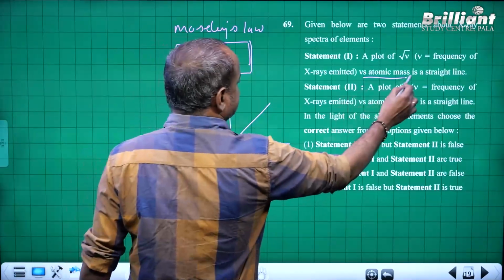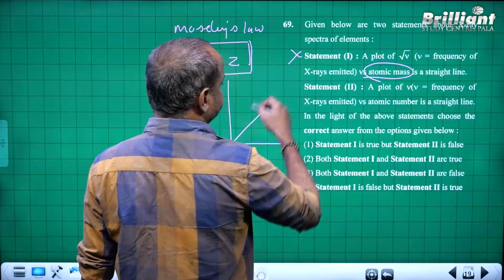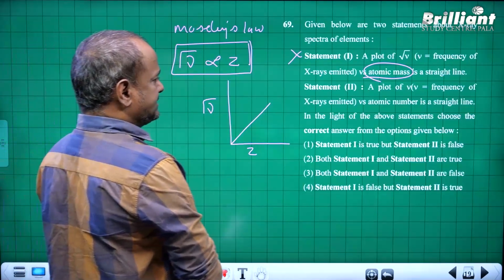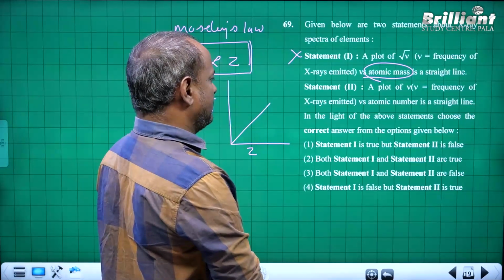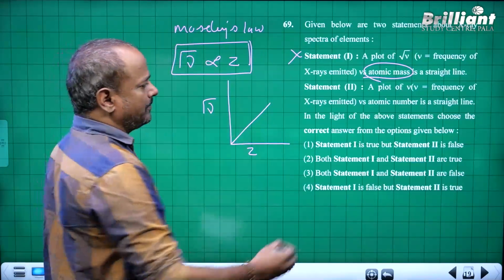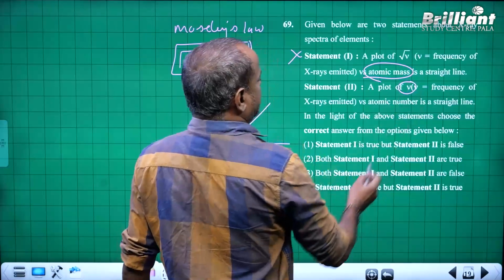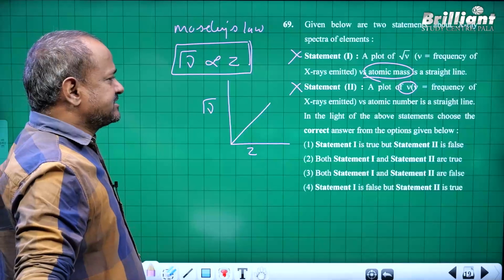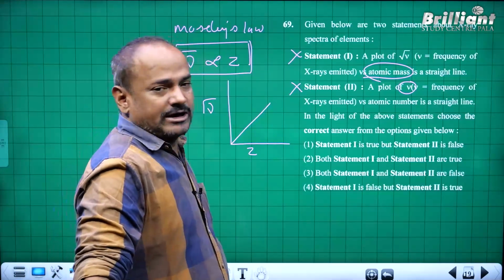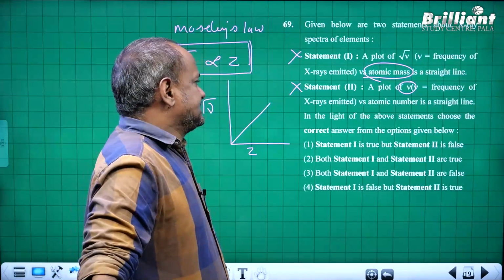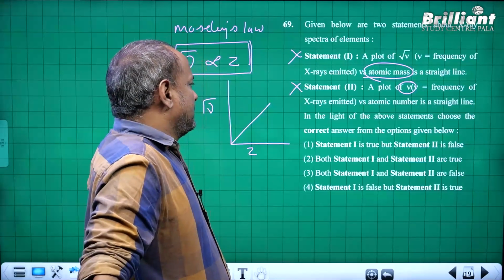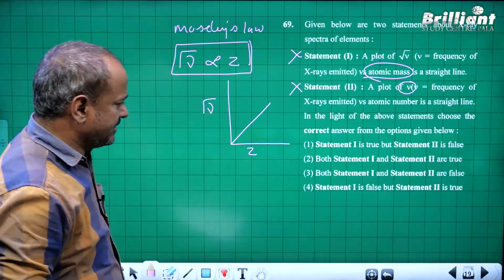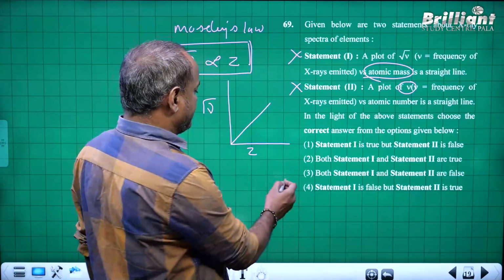Not atomic mass, so this is a wrong statement. A plot of nu versus atomic number as a straight line is also wrong, since it should be root nu, not nu. So both are wrong statements. The first mistake is that atomic number is required but atomic mass is given. The second is that root nu is required but only nu is given. Therefore both statements are false. Option 3.